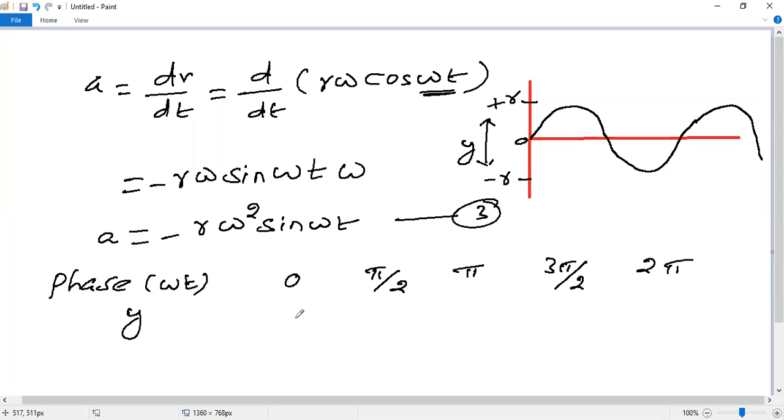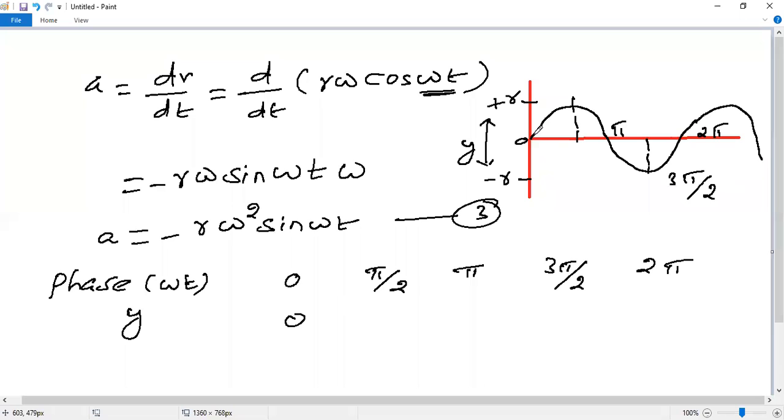See here 0, 0. Next one pi by 2. Then pi, 2 pi, and this is 3 pi by 2.